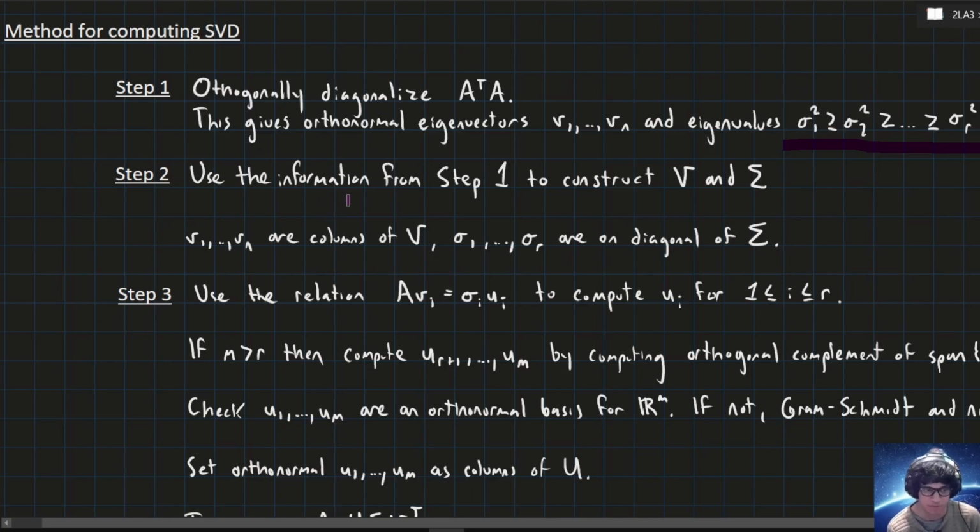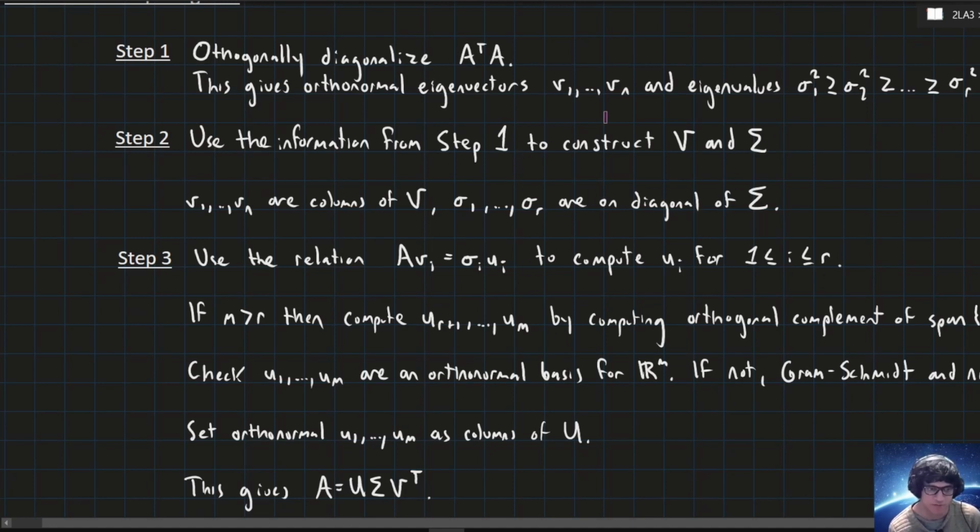For step 2, we use the information from step 1 to construct the matrix V and the matrix sigma. We construct V just by putting v1 through vn as the columns, and we construct the diagonal matrix sigma by putting sigma 1 through sigma r on the first R diagonal entries, and we set the rest of the entries equal to 0.